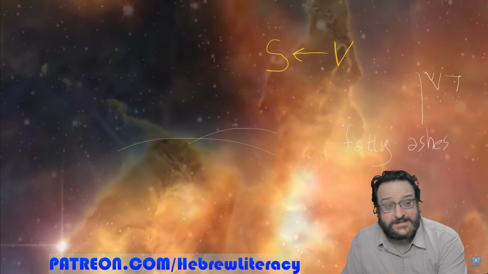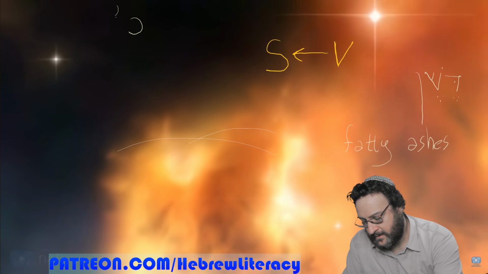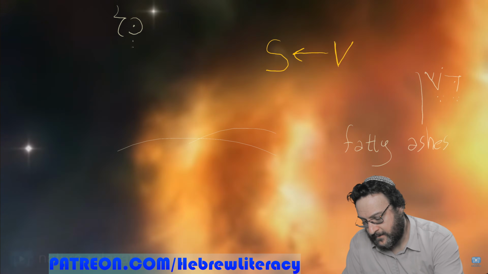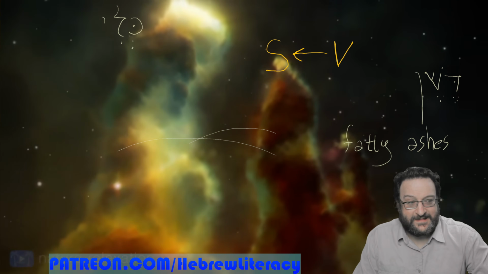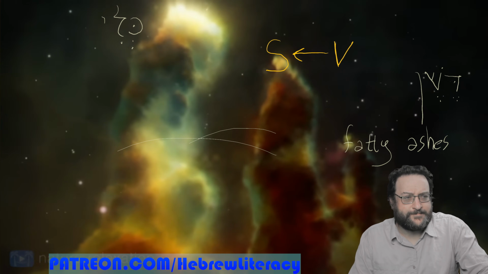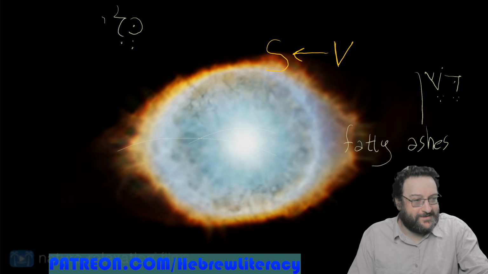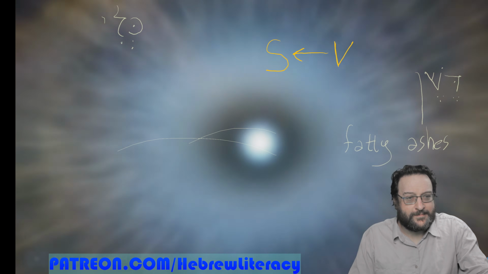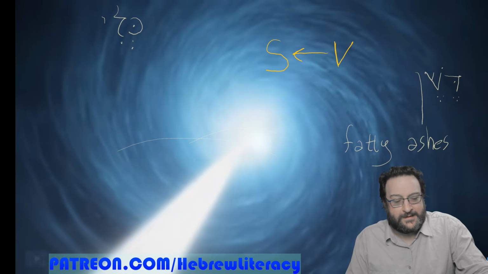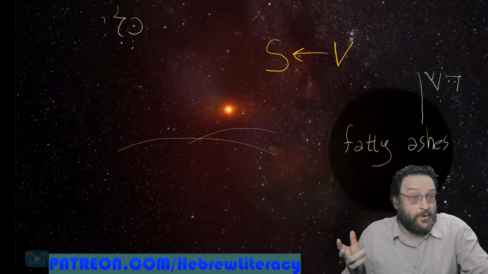So, this is an important word. You should learn this word. It's very versatile. Keli. Keli is like a tool, an instrument, stuff. Very versatile. That can be used for all kinds of things. So, Keli. You have like keli milchama, meaning a weapon of war, right?